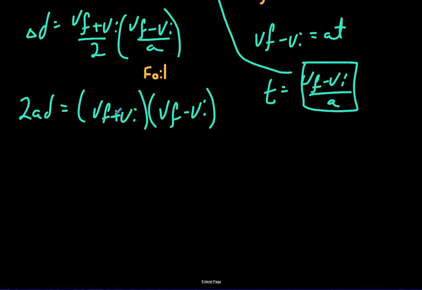So what you get here is Vf times Vf, so you get Vf squared. Then you have Vf times negative Vi, minus Vf Vi, plus Vf Vi, and then Vi times Vi.